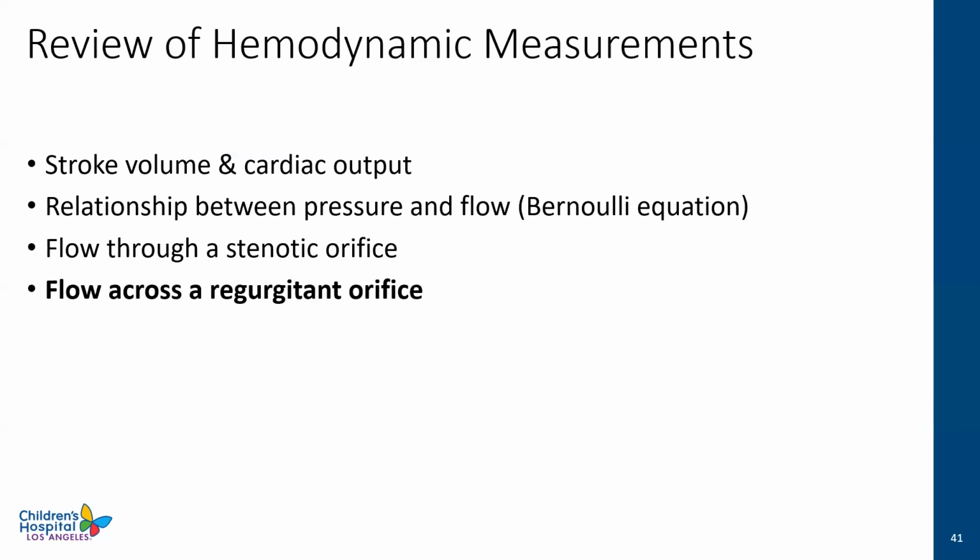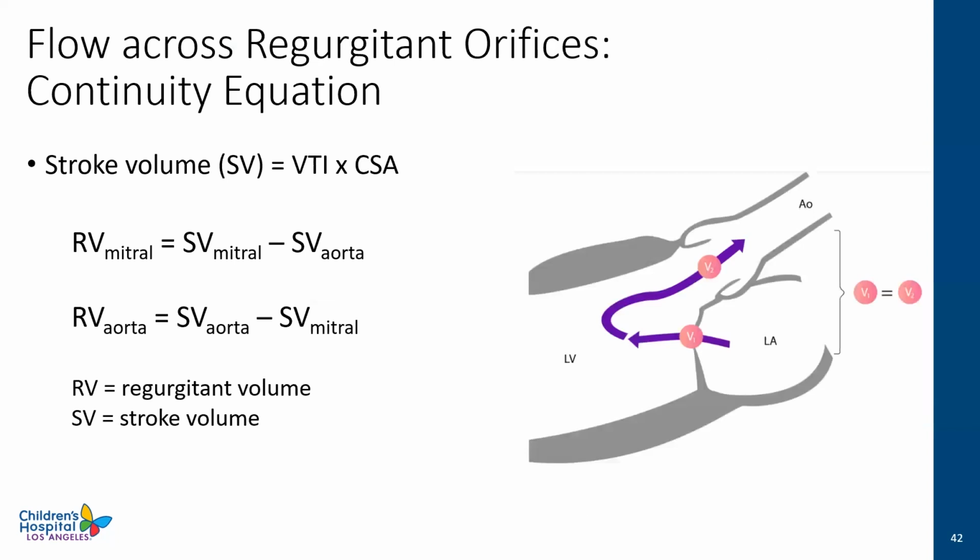And then the flow across the regurgitant orifice. Using very similar concepts, we can use a continuity equation again here, where you're estimating regurgitant volumes by subtracting your stroke volume across one valve and your stroke volume across another.